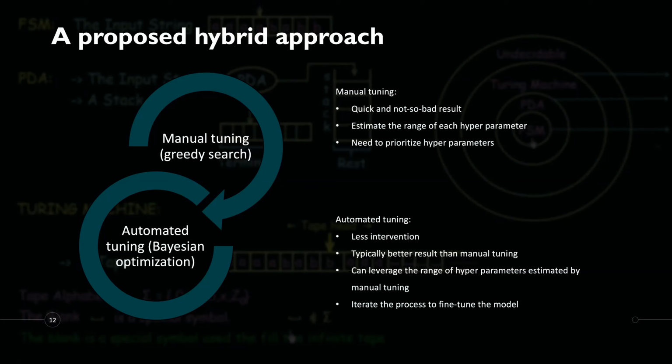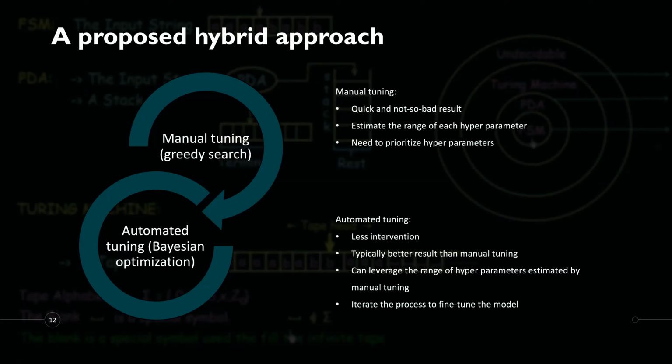Another thing is that sometimes the possible range for a hyperparameter may be very wide. In order to use Bayesian optimization, we need to define an upper limit and a range for each hyperparameter to explore.